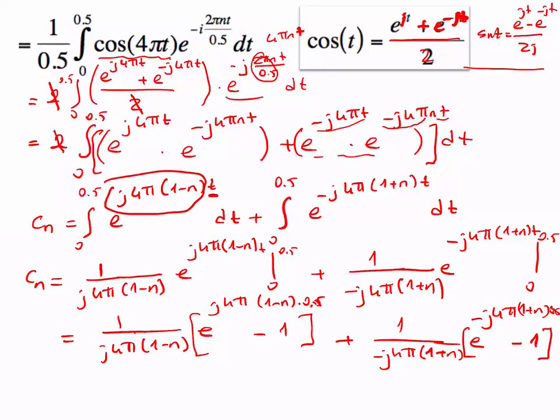So as you can see, I can always find solutions like that, and I can find C1. Because if I put 1 here, it will be 1 over 0, so it will be infinity.